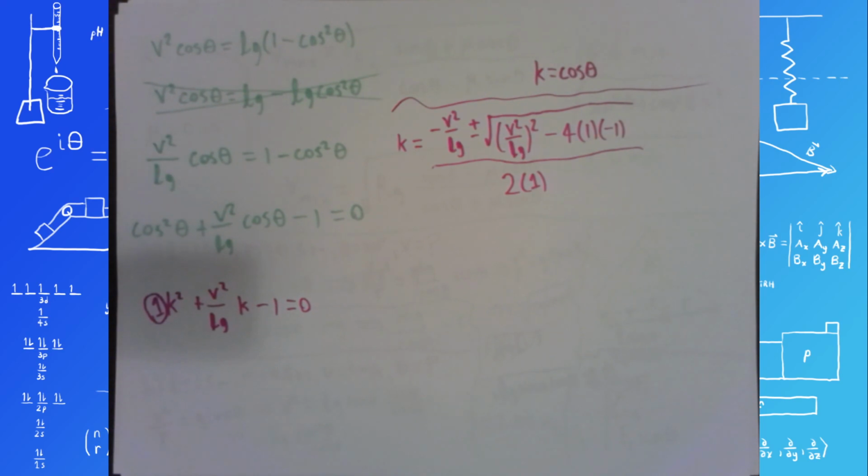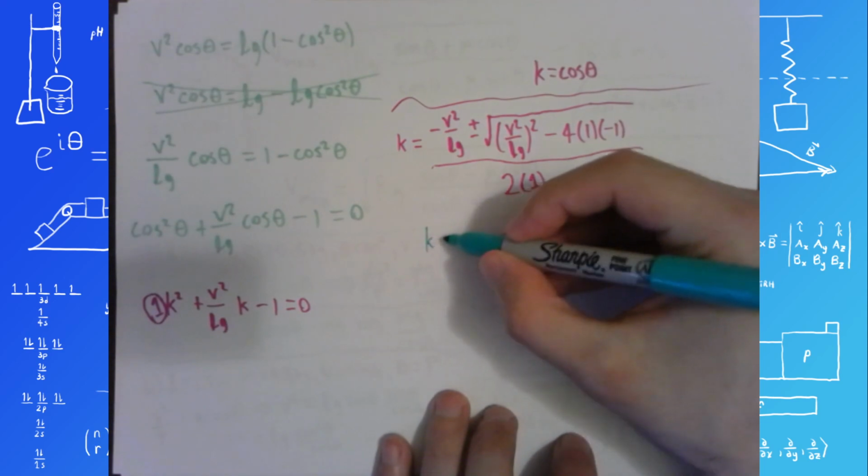Whoops, that should have been in the square root, plus 4. There we go. And then all over 2 times 1, so all over 2. In the plus case, I get 0.594. If I rewrite that same equation and this time use minus, I get negative 1.682.